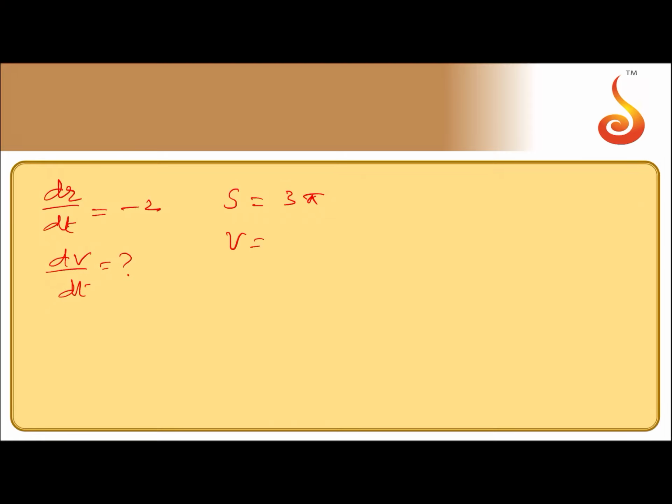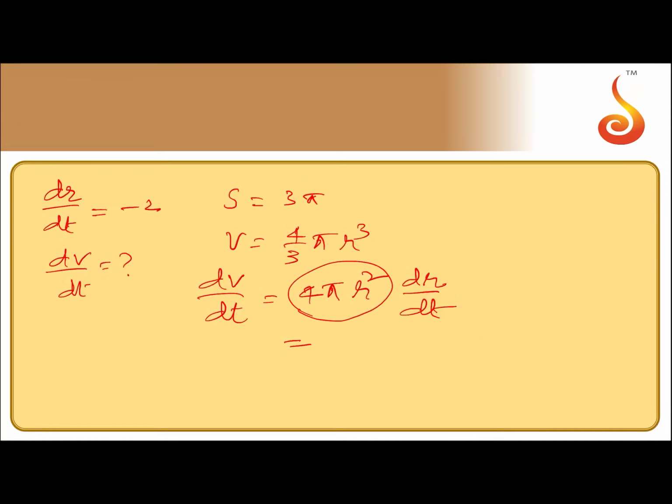Let me take up the volume. The volume of the spherical balloon is 4/3 πr³. So dV/dt = 4πr² · dr/dt. But dr/dt = -2, and 4πr² is nothing but the surface area, which is 3π.